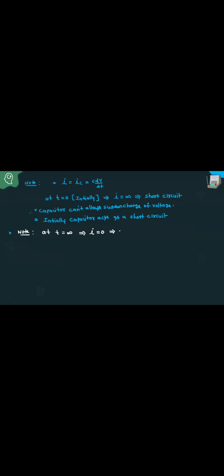Current 0 means open circuit or short circuit? Open circuit. Therefore, finally, at steady state conditions, the capacitor acts as an open circuit.